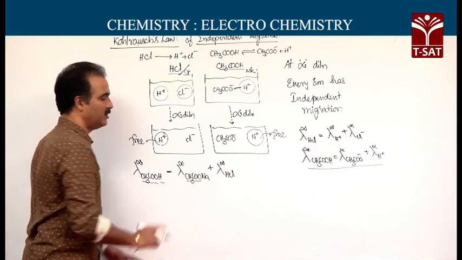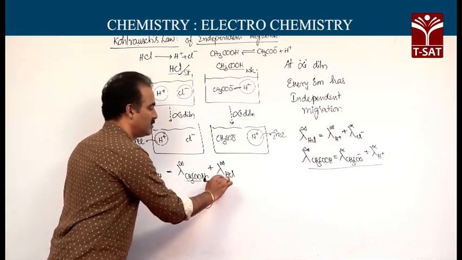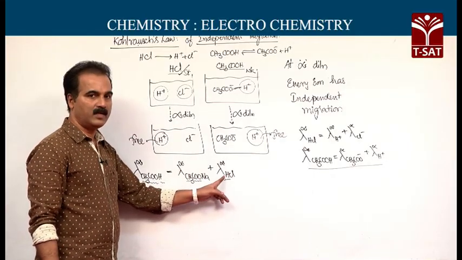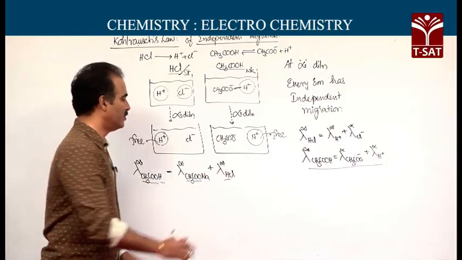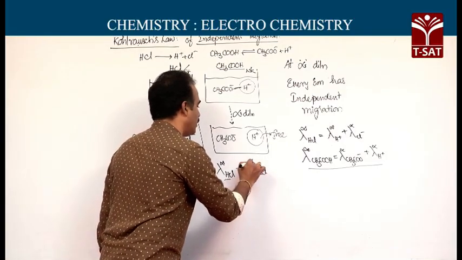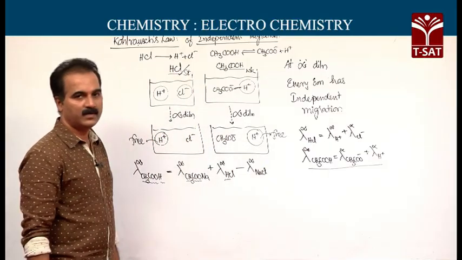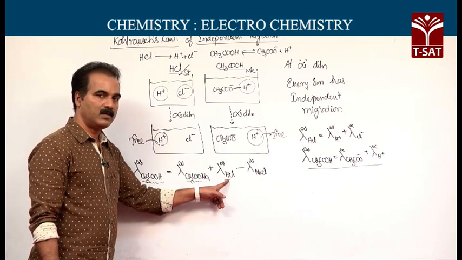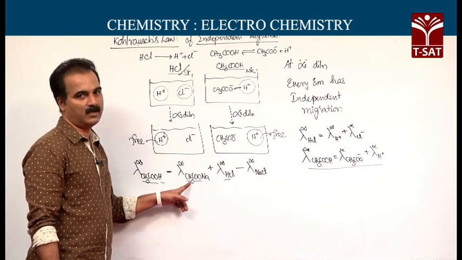Acetate ion is here and H plus ion is here, but I want only the acetate ion and H plus ion's contribution. So, I want to remove the contribution from sodium ions as well as chloride ions, as lambda infinity of NaCl. You see, this is a strong electrolyte, this is also a strong electrolyte and this is also a strong electrolyte.